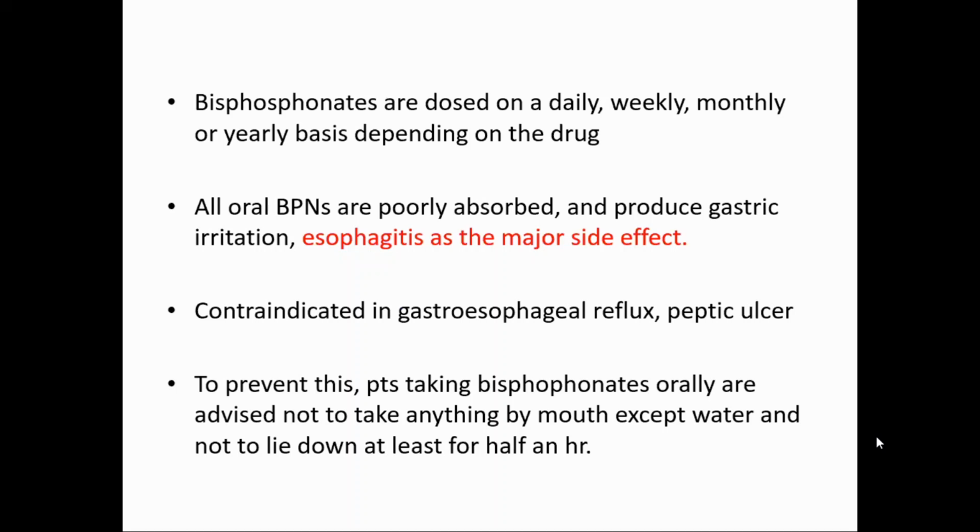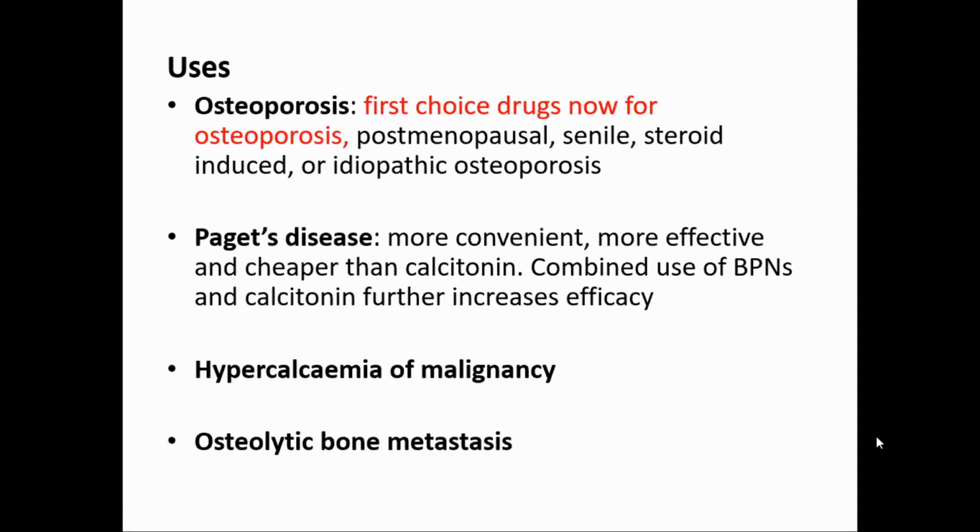Hence they are contraindicated in patients suffering from gastroesophageal reflux disease, peptic ulcer, gastritis, etc. To prevent this adverse effect, that is esophagitis, patients taking bisphosphonates orally are advised not to take anything by mouth except water, and not to lie down for at least half an hour after consuming the bisphosphonates. So remember, esophagitis and gastric irritation are the major adverse effects of bisphosphonates, especially if taken by the oral route.